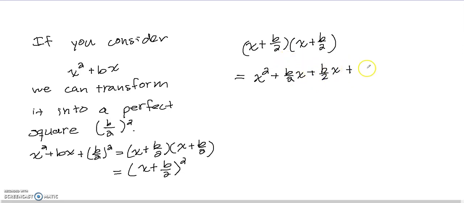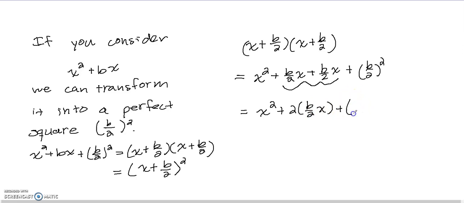And then your last term would be b over 2 times b over 2, which is b over 2 squared. The middle terms are like terms because they're x terms. You have two of those, so this is actually x squared plus 2 times b over 2 x plus b over 2 quantity squared. So this is just x squared plus bx plus b over 2 squared. So that does in fact give a perfect square binomial.